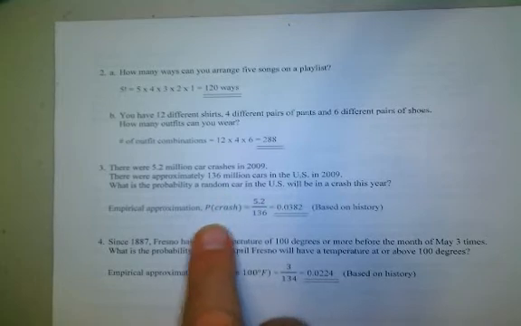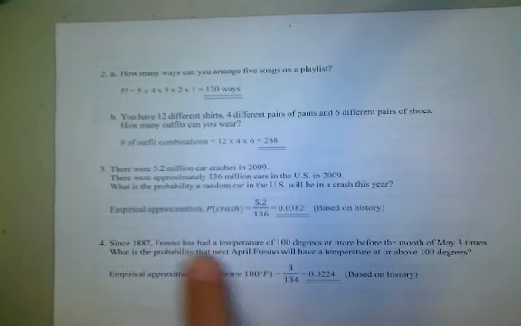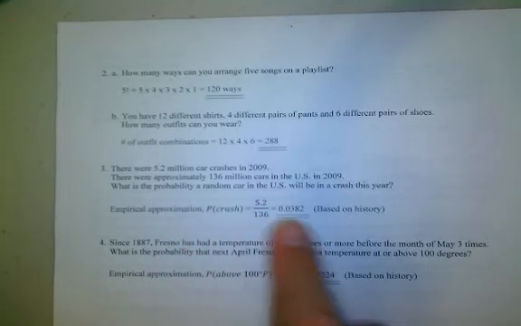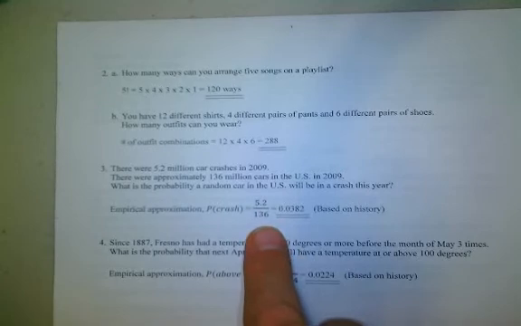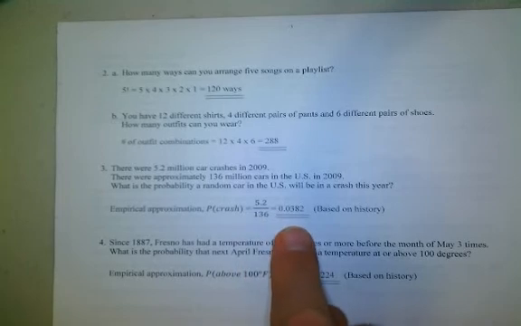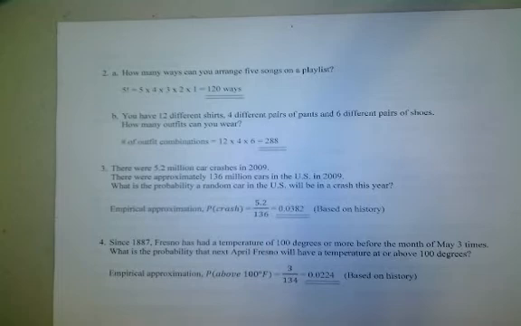Well, and again, this is an empirical approximation, but there were 5.2 million crashes. There were 136 million cars. So divide. Please note, if you're curious, the small number has to be on top. You can never have a probability more than 1. So 5.2 divided by 136 says that we have 0.0382. So based on the history of 2009, the chances are just under 4%.